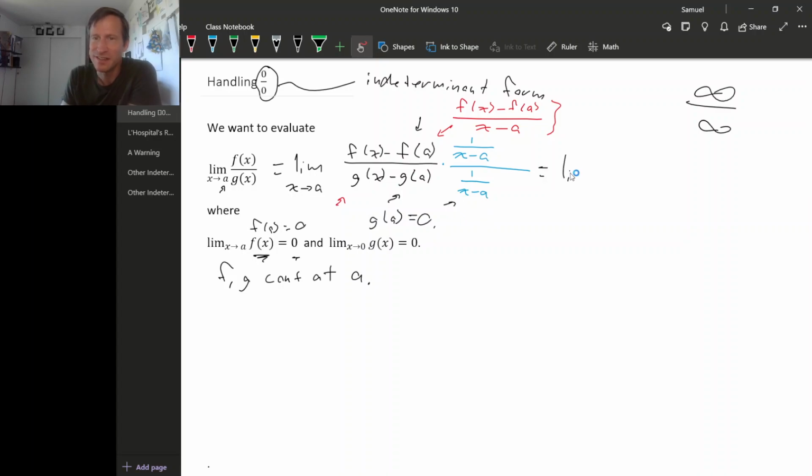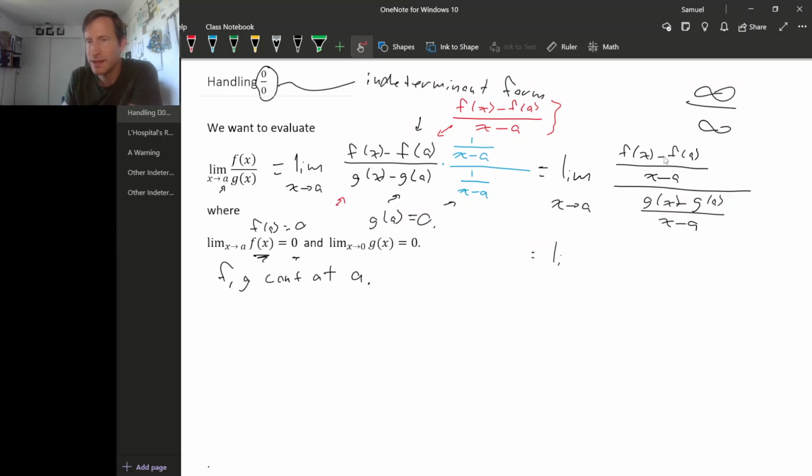So this gives us the limit as x goes to a of f of x minus f of a over x minus a, over g of x minus g of a over x minus a.